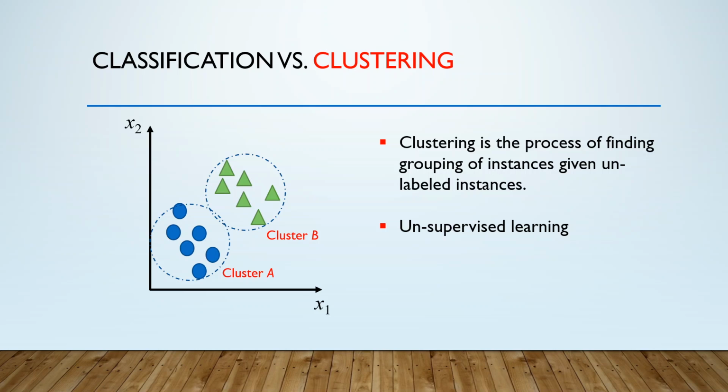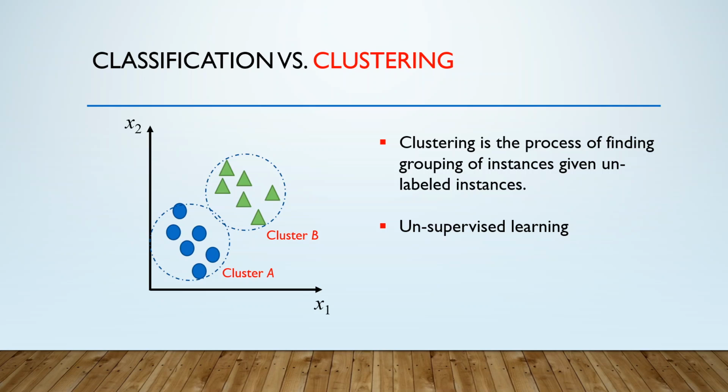That is, the instances given to you are unlabeled. You don't know their class labels. But without knowing the class labels, you are just going to group the data into two groups. One will be cluster A, another will be cluster B. So, this is the clustering process.